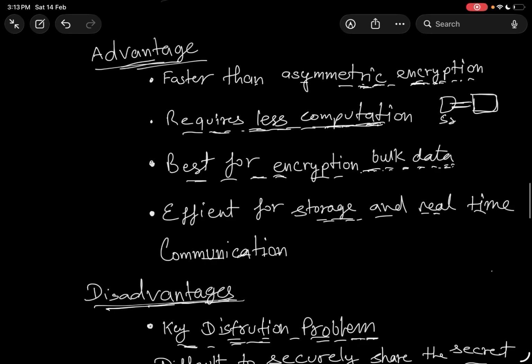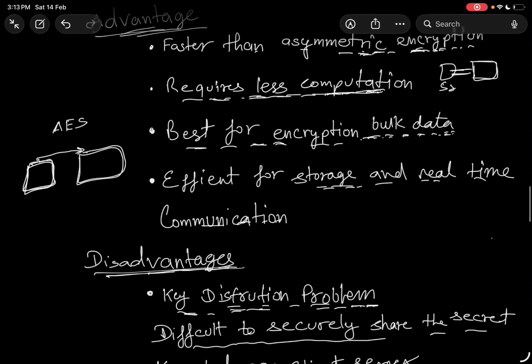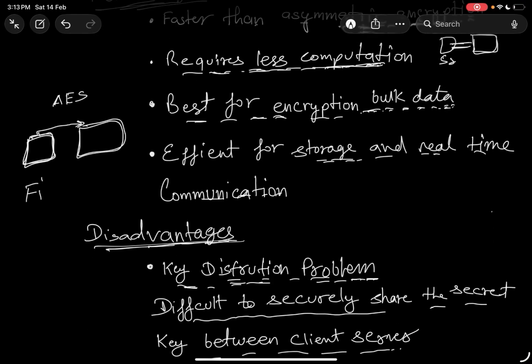Yes, so real-time or messaging applications have a lot of data, so you can use AES to encrypt this bulk data over a network. And let's say you have a file and you want to save this file onto a disk.